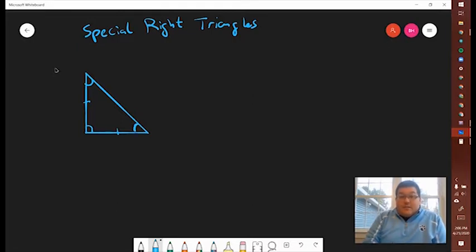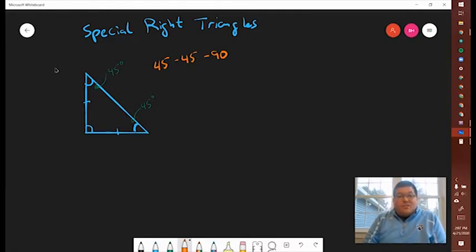And since it's a right triangle, we also know that these base angles are going to measure 45 degrees, right? Because 45 degrees plus 45 degrees plus 90 degrees would give us the 180 degrees in a triangle, okay? This type of triangle is often called the 45, 45, 90 special right triangle, indicating its three angle measures.